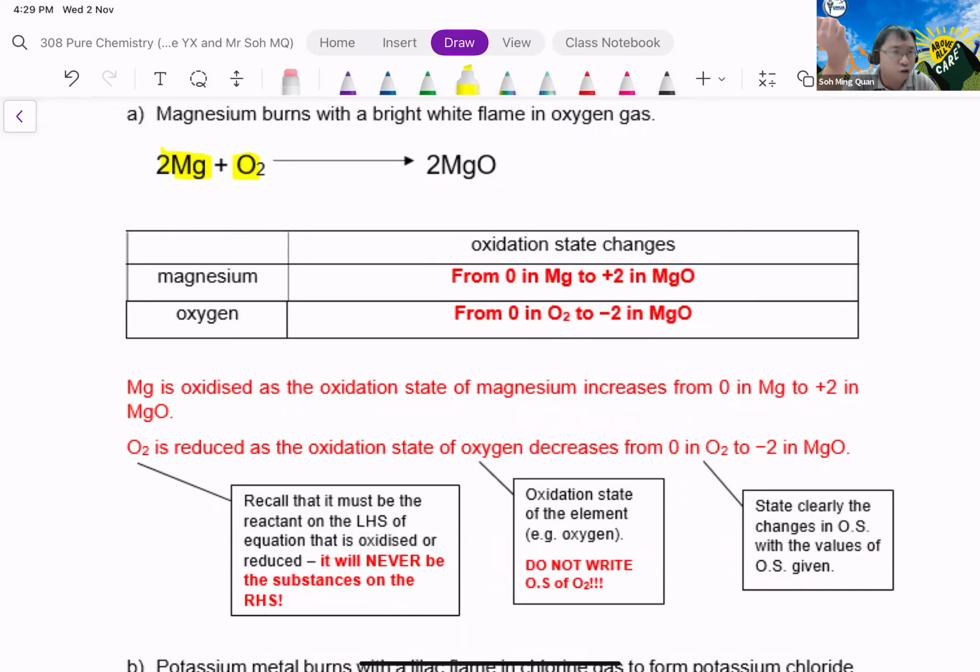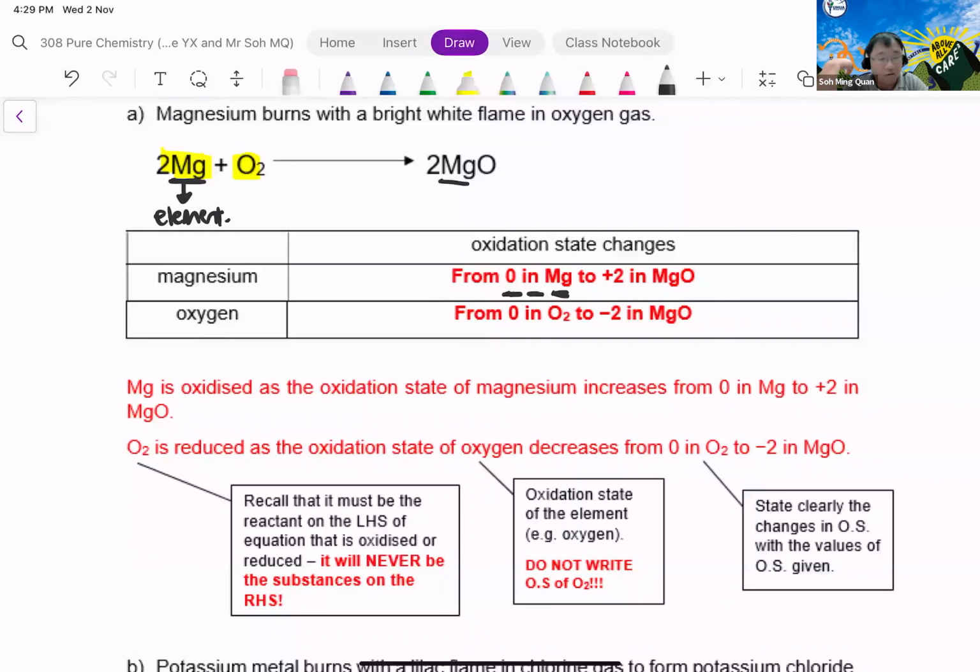Magnesium is Mg. At the start, Mg is not combined, it's an element. So the oxidation state of magnesium is 0 in Mg. But how about at the end?